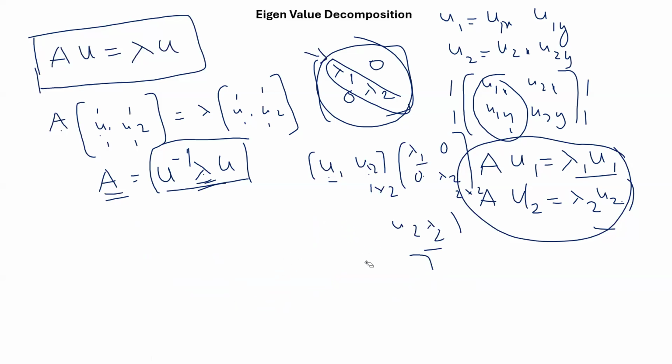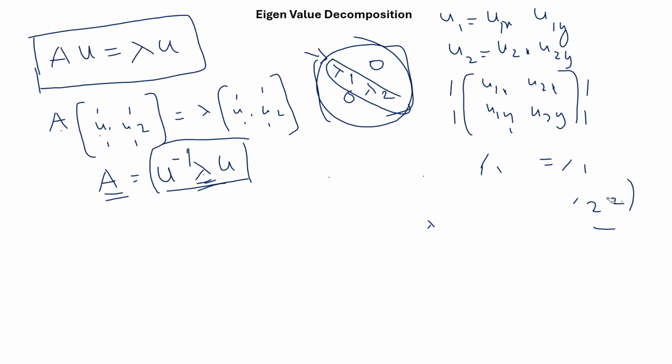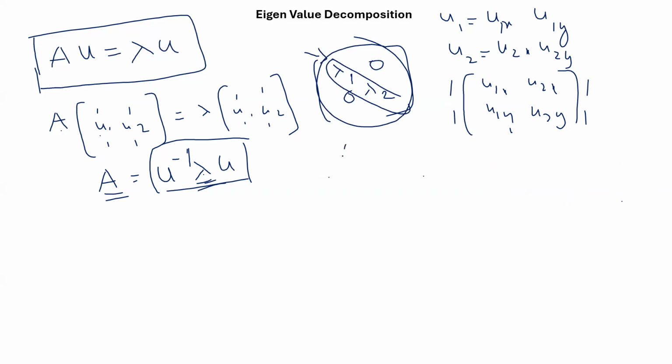So this is the eigenvalue decomposition of a particular matrix. But why is this important? How does it help us in the real world? This is the representation that you have already understood. Now let's understand the importance of this. Let's suppose you are trying to calculate A to the power of p. You have to multiply A into A into A, and so on.